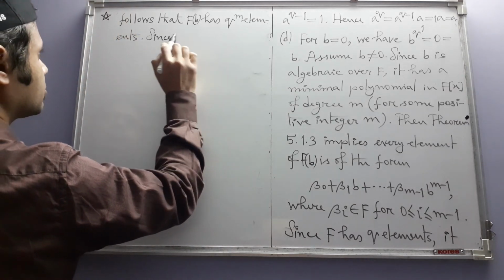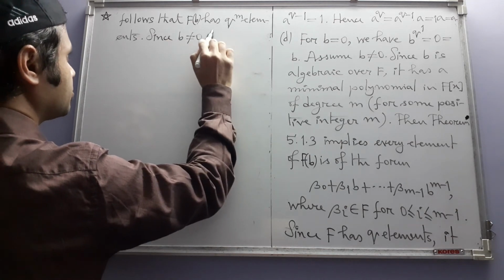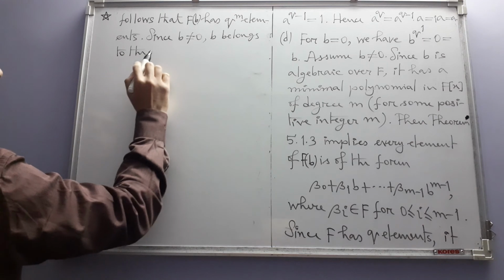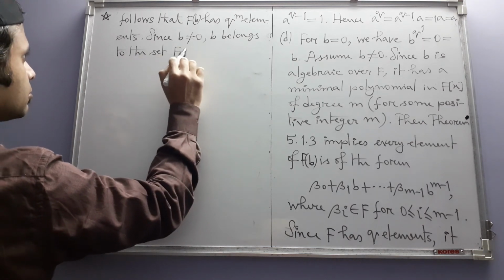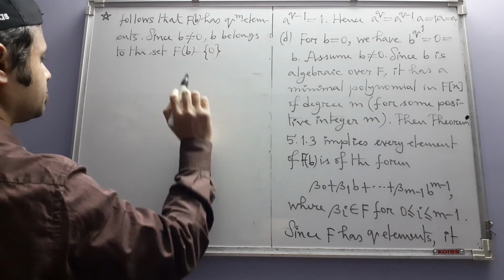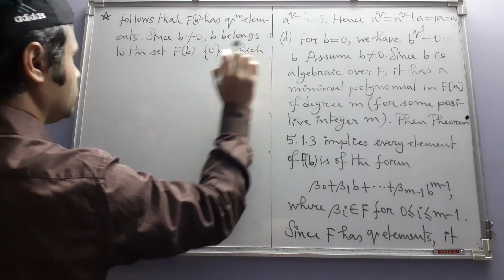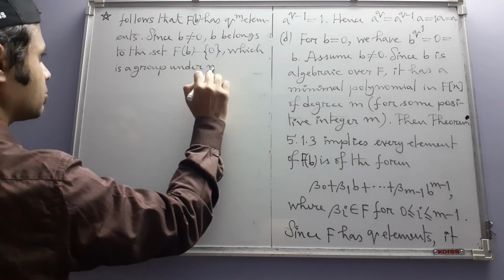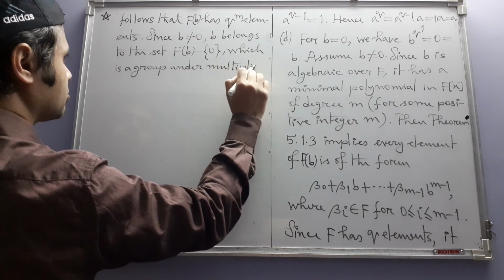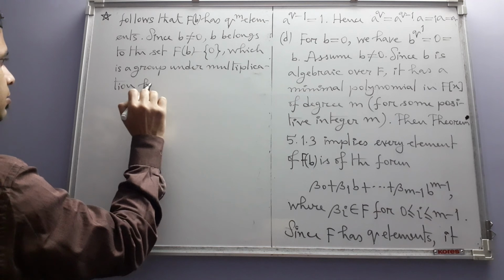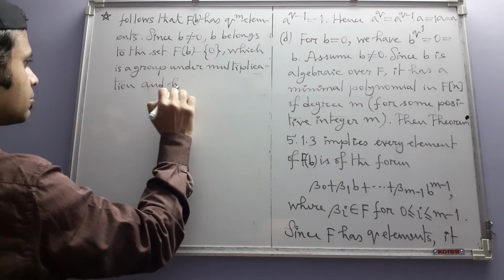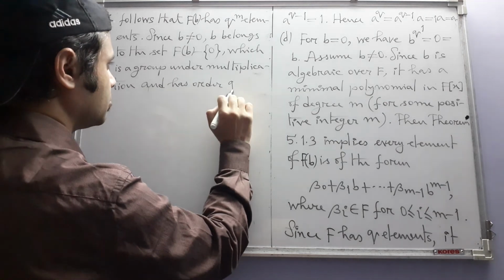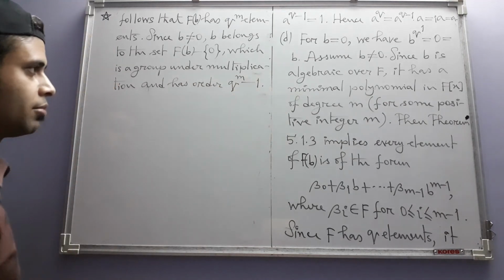Since b is not equal to 0, b belongs to the set F(b) minus 0, which is a group under multiplication and has order, since we have just removed one element, q to the power m minus 1.